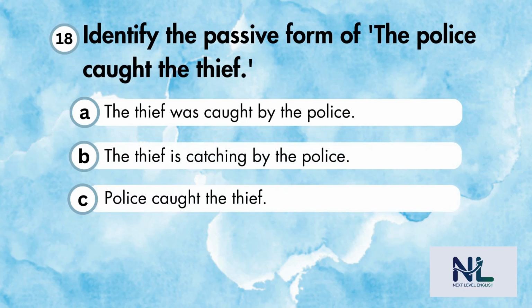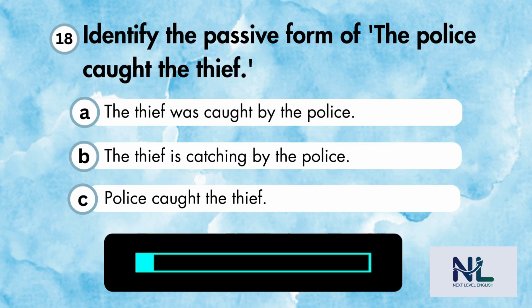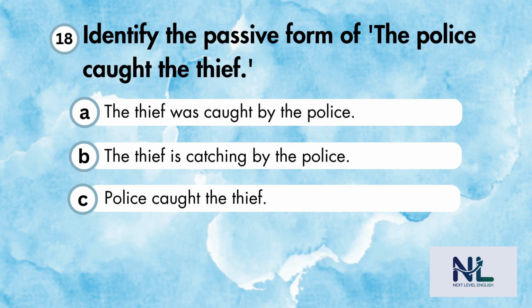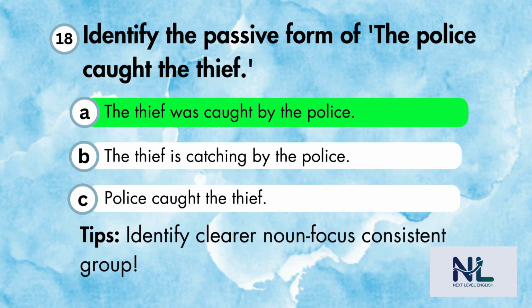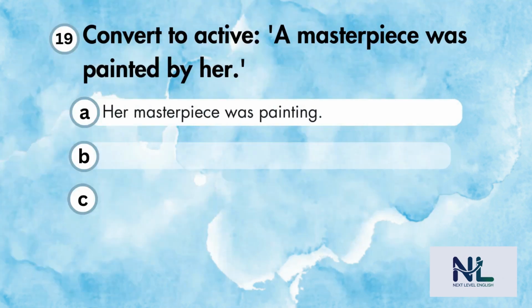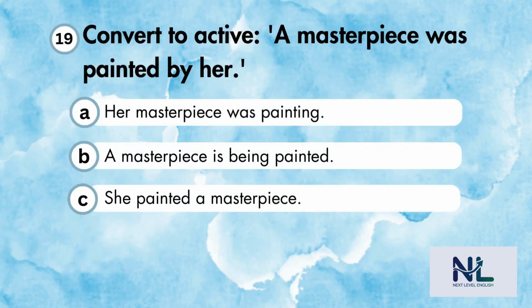18. Identify the passive form of the police caught the thief. The thief was caught by the police. Tips: identify clearer noun focus consistent group. 19th. Convert to active. A masterpiece was painted by her.